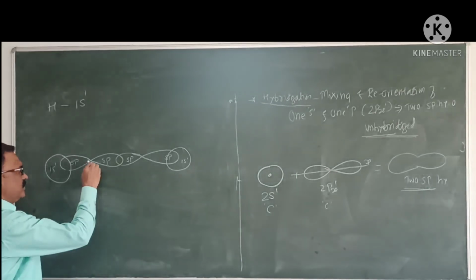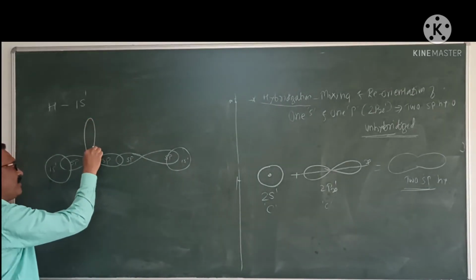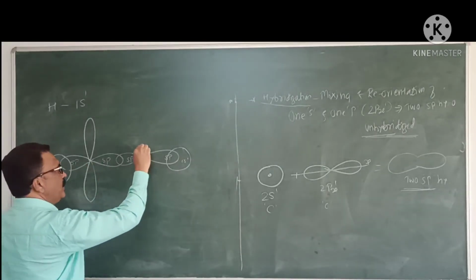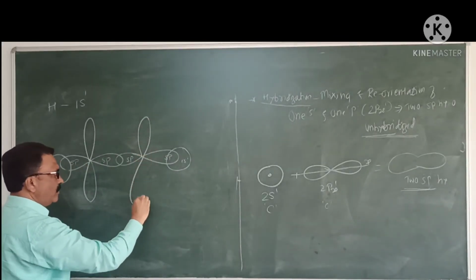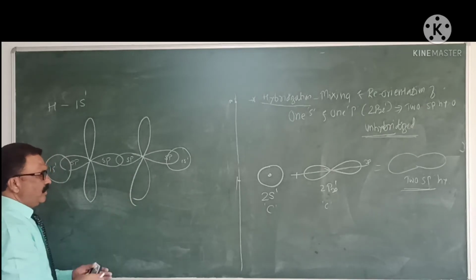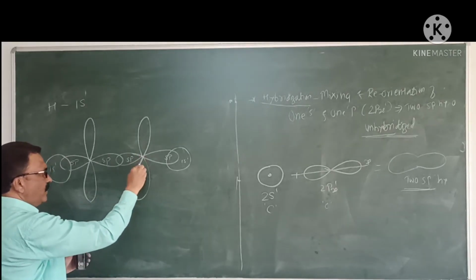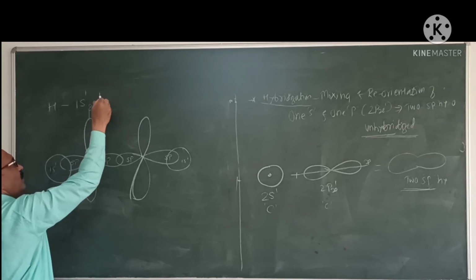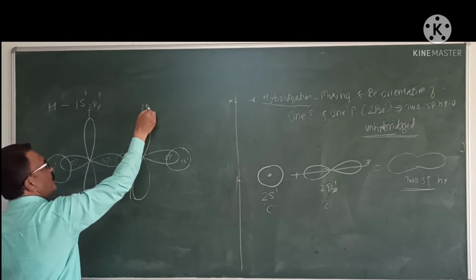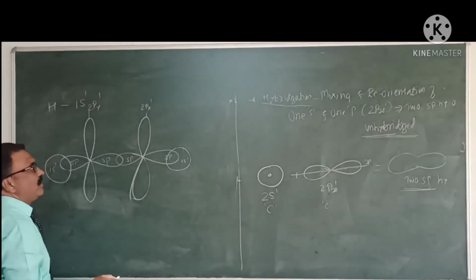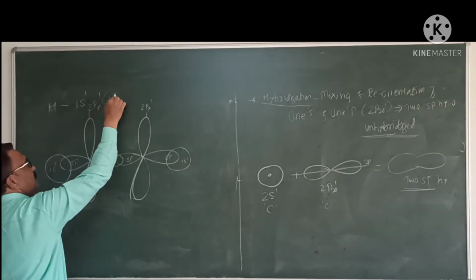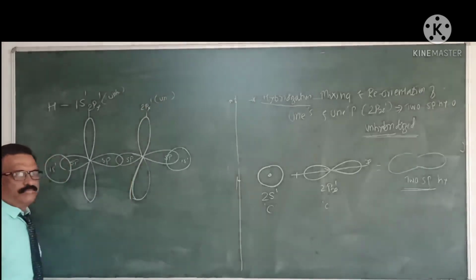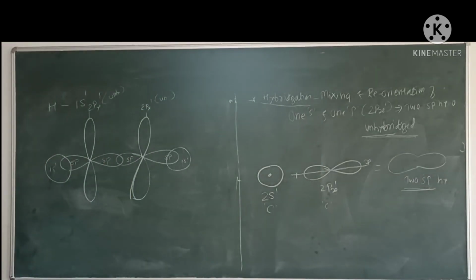Then this is the unhybridized 2py1 atomic orbital of both carbon atoms, 2py1 and 2py1.